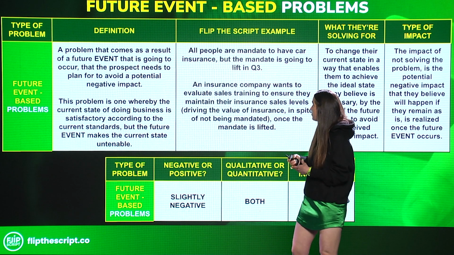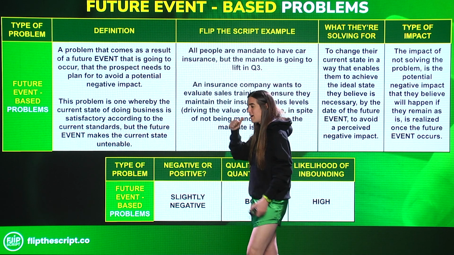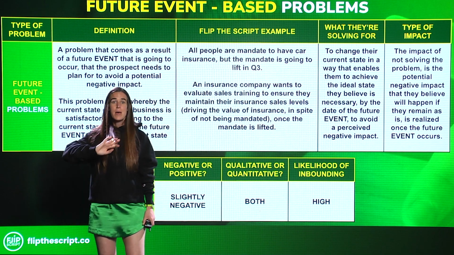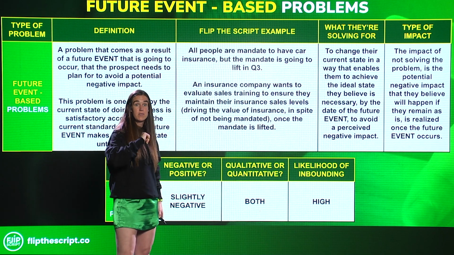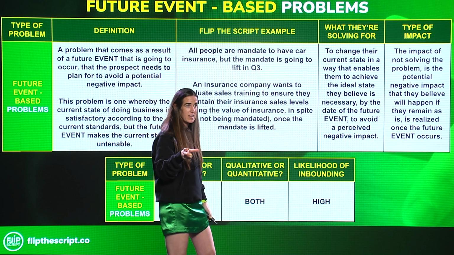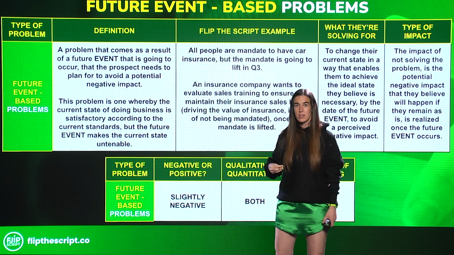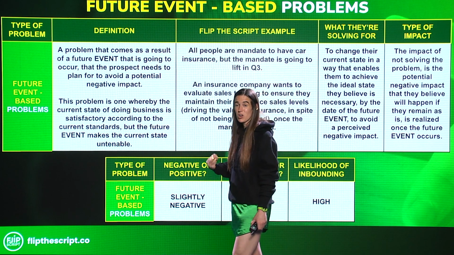So a great example is, I actually was given this by Keenan himself, so shout out to him if he's watching. There was a deal that he was in where it was all insurance sellers, and they had a mandate put upon people that they mandatorily had to have insurance, car insurance.